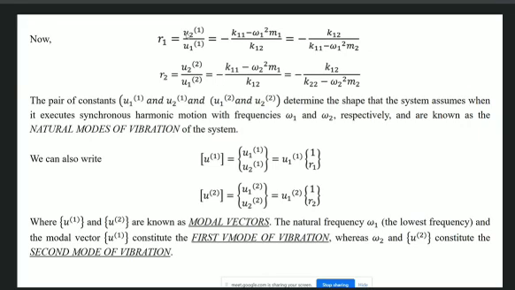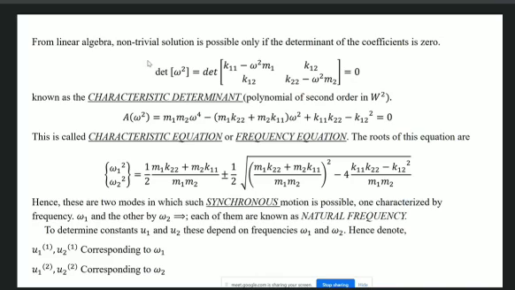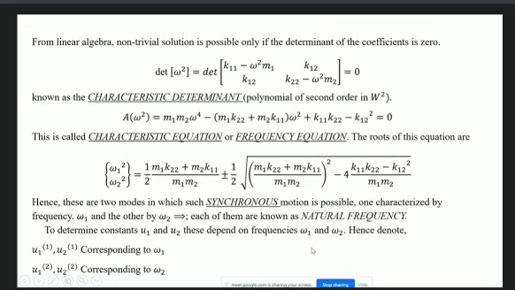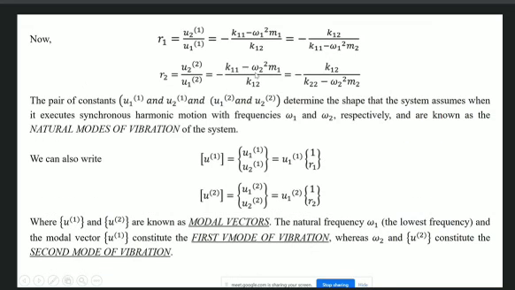If we use the first equation, k11 minus omega square m1 into u1 plus k2 into u2, then I will get a ratio like this, and if I use the second equation, we'll get the ratio like this.